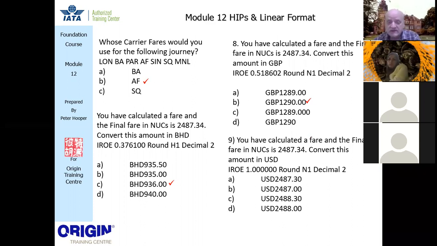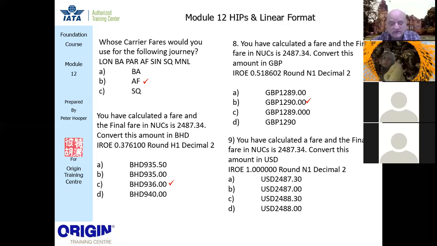Calculated the fare, NUCs, 2487.34, convert to USD. The rate of exchange is 1. Round nearest 1, decimal 2. There are 2 answers that are definitely not possible. What are they?